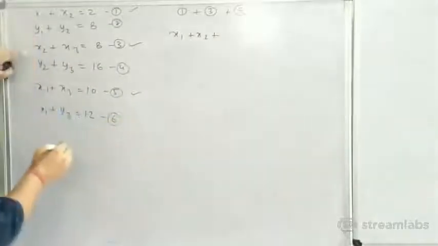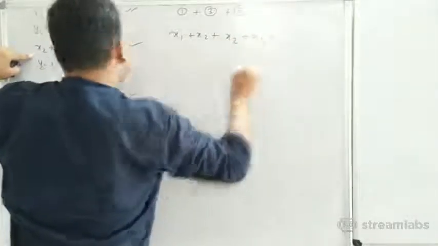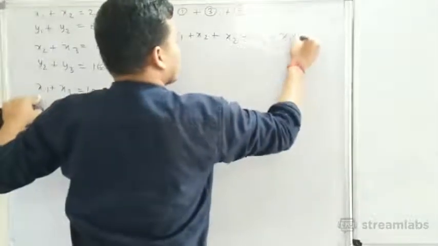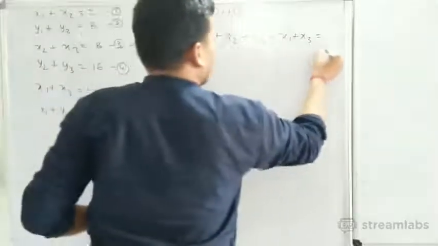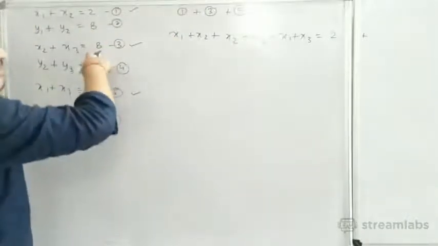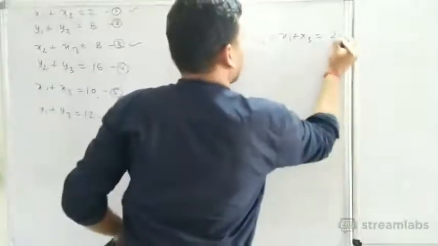The third is x2 plus x3. The fifth is x1 plus x3. The right hand side is 2 plus 8, 10, and the last one is fifth, 10, so 10 and 10 is 20. So the right hand side is 20.